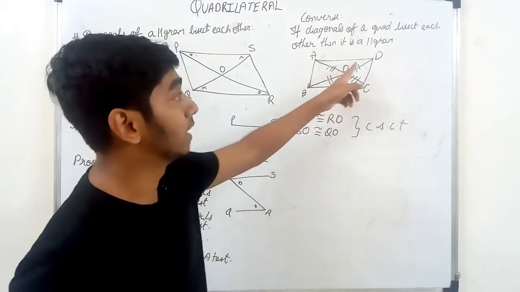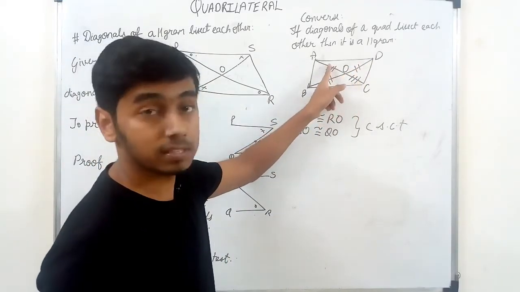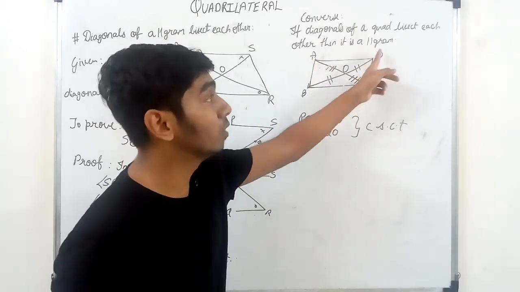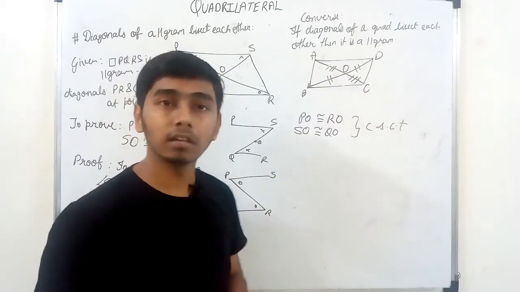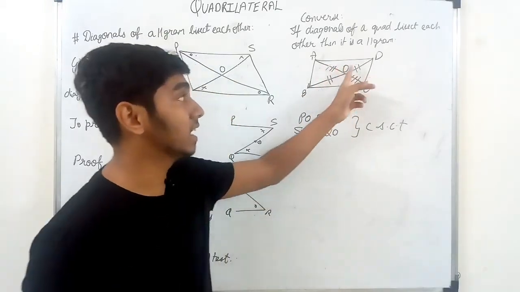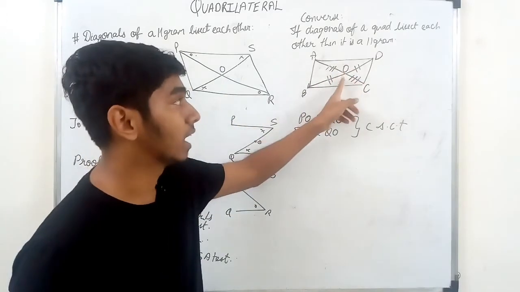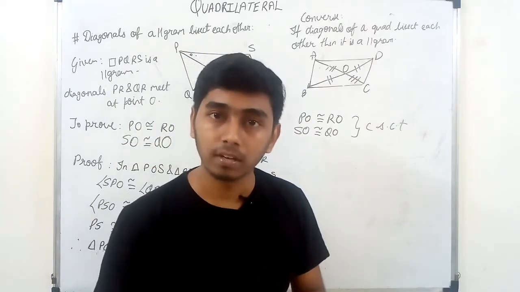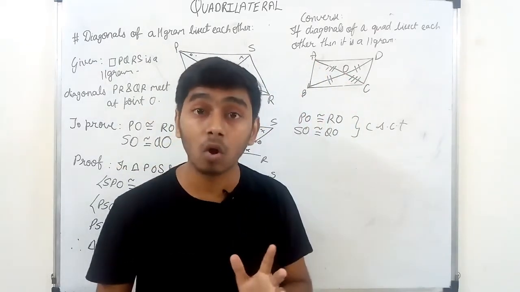This side is congruent to this, then this side is congruent to this, so we have got two pairs. And then we can say angle AOD is congruent to COB, vertically opposite angles. So by SAS test, these two triangles are congruent. Once we are done with proving two triangles congruent, we can say alternate angles are congruent.